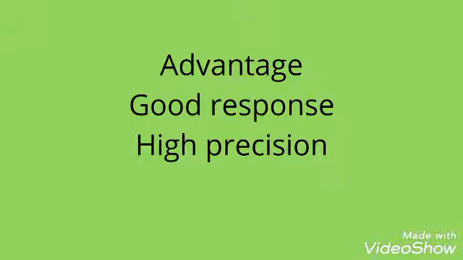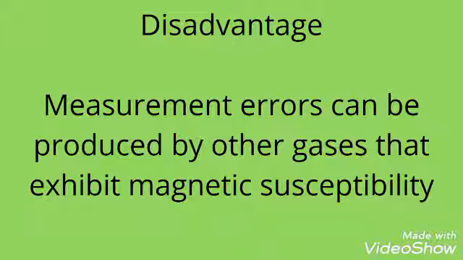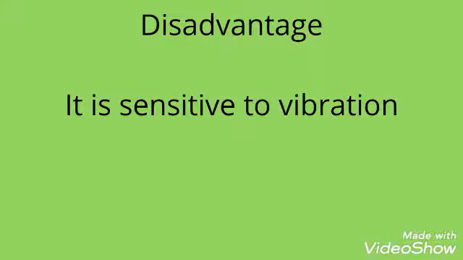Now we will see the advantages and disadvantages of the paramagnetic oxygen analyzer. Its main advantage is that its response is very good and it is highly precise. It has a high precision. These are two advantages. In disadvantages, measurement error can be produced by other gases that exhibit magnetic susceptibility, that means other paramagnetic gases.